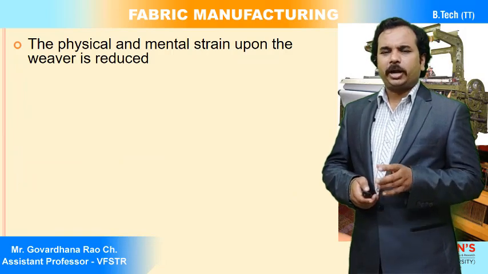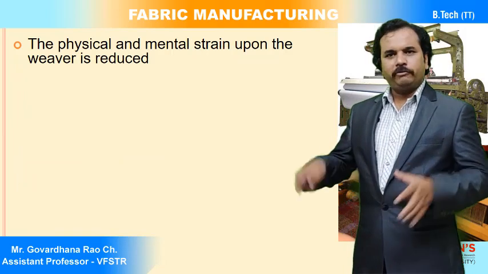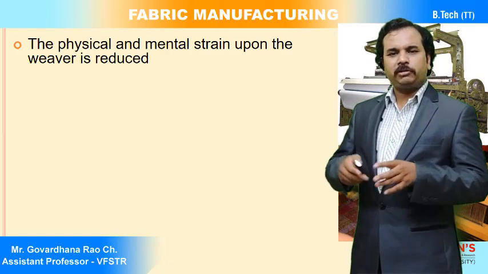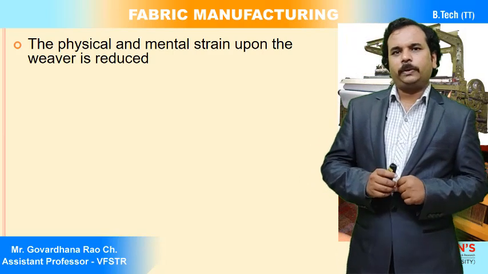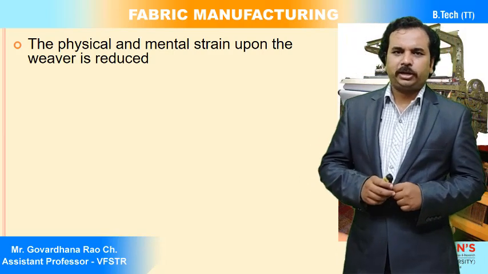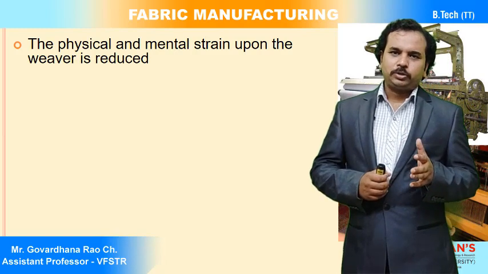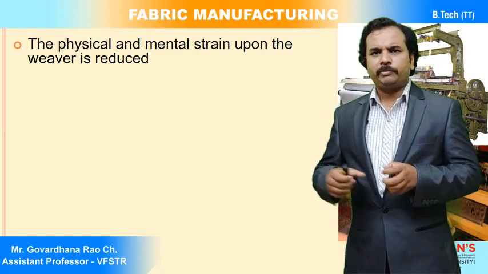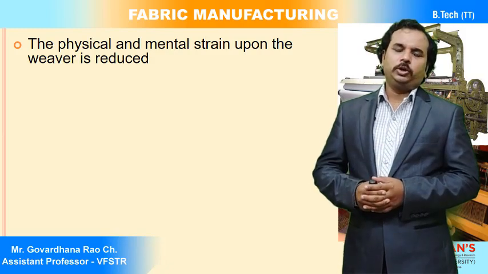And physical and mental strain upon the weaver is reduced, because everything is modernized and automated. In case of a negative let-off motion, every time the worker has to change the dead weight position on the loom.